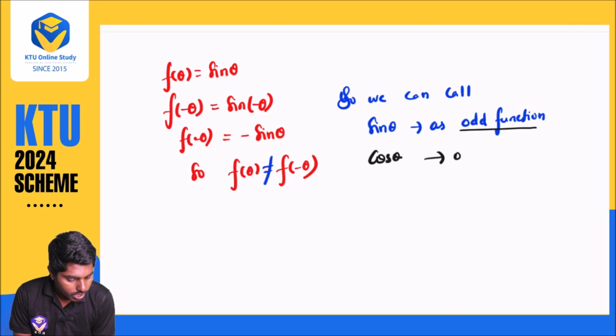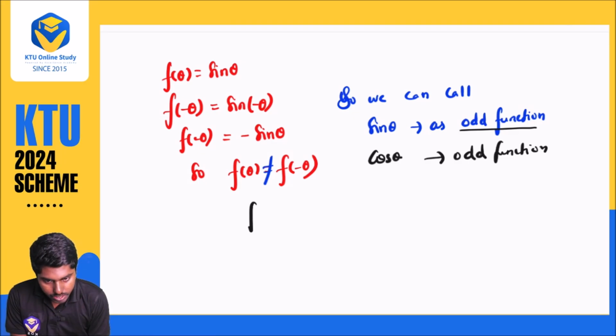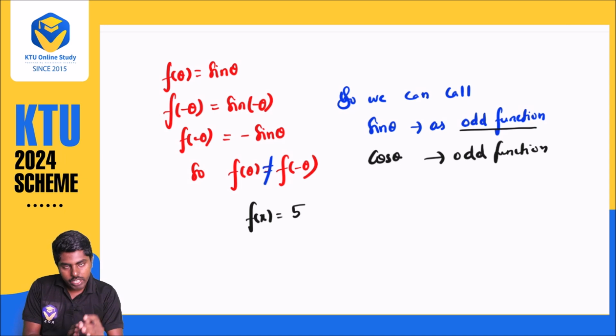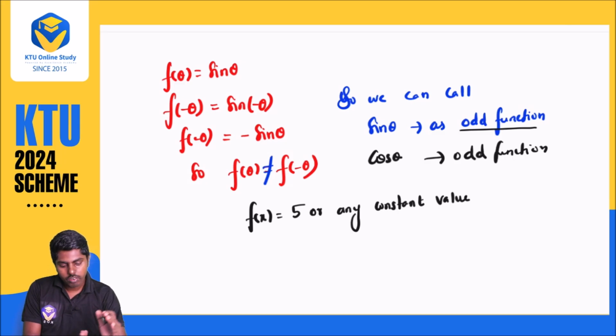So you know both of these now. Next, for example, f of x is equal to 5, or any constant value.